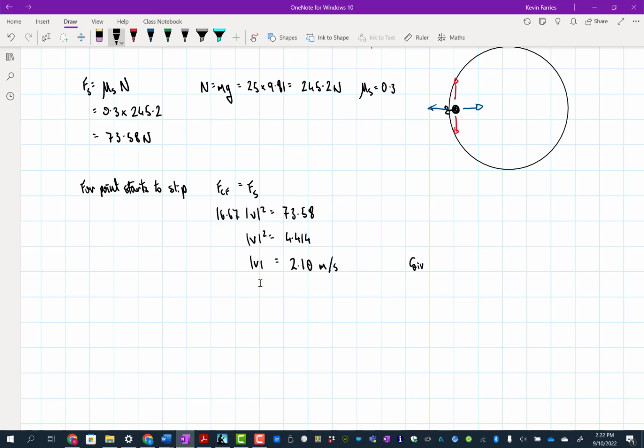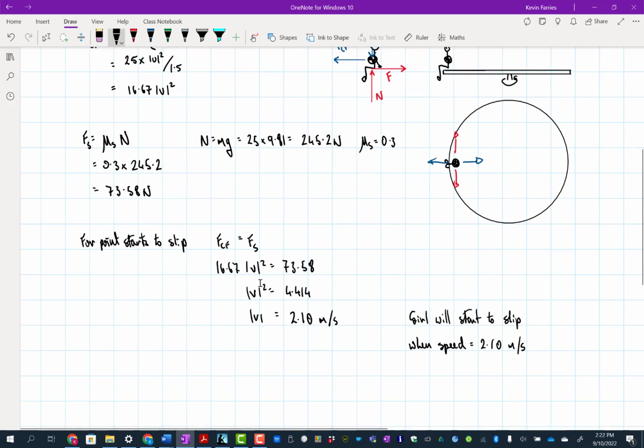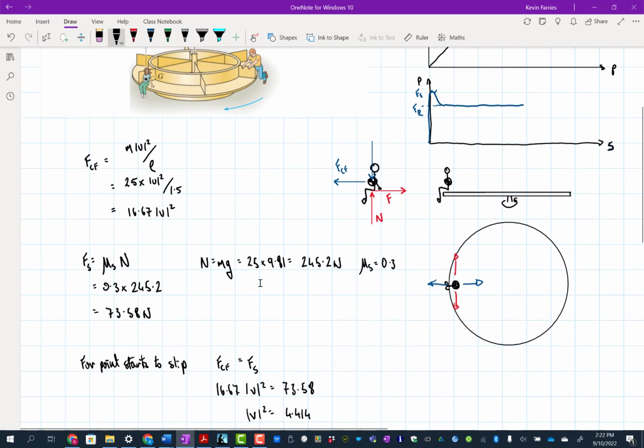So the girl will start to slip when her speed equals 2.10 meters per second. Seems pretty fast.